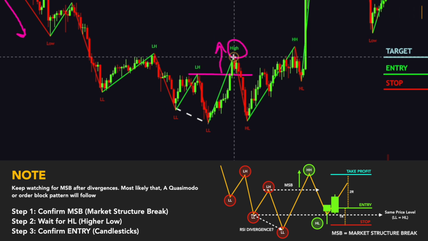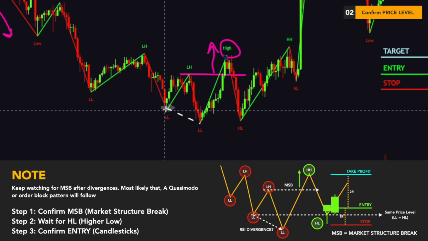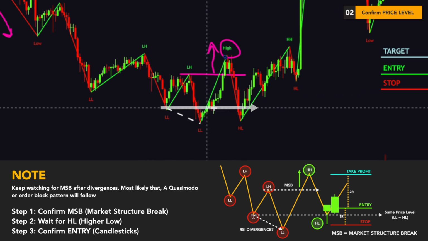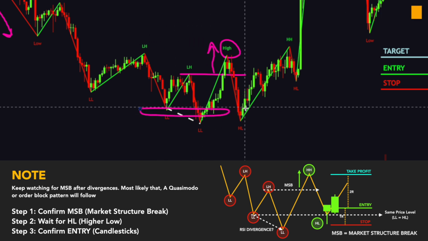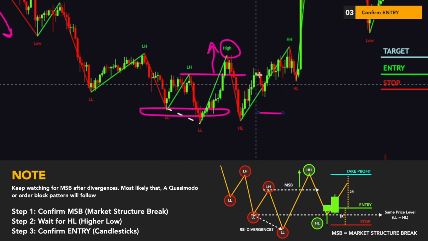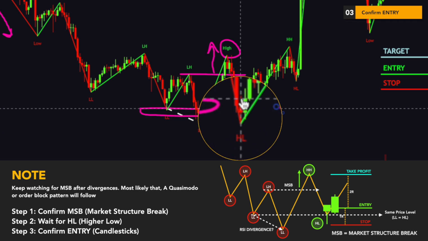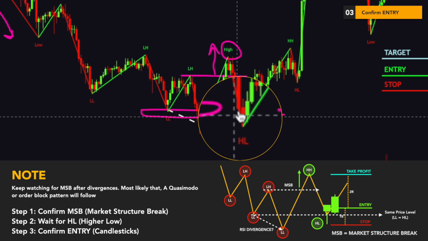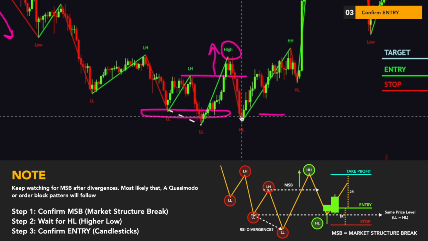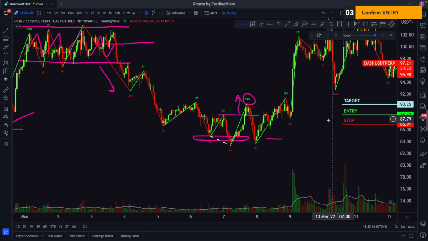Two, wait for the first higher low around a similar price level with the left shoulder. Okay, this is also confirmed. Three, check for possible entries. Now, this spinning bottom at the end is a great indication for me, a possible reaction point. You can also get help from stochastic RSI always.